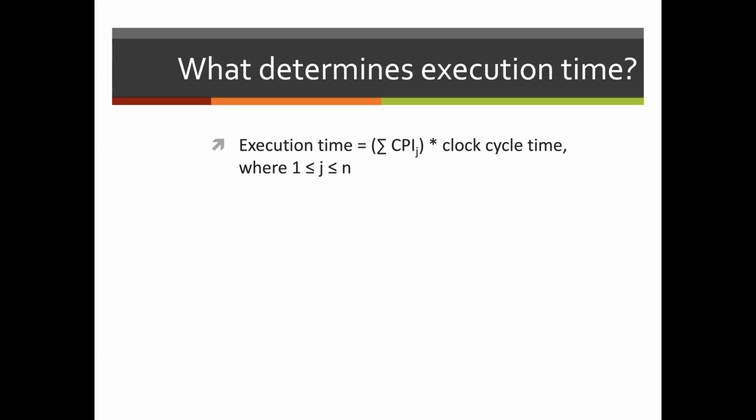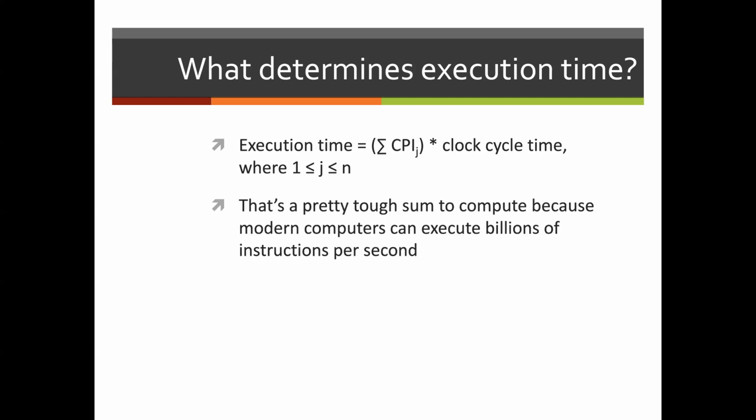When we think about the execution time, we're considering the sum of the clocks per instruction times the clock cycle time, where j is greater than or equal to 1 and less than or equal to n. So we sum up all of the instructions that would be executing and multiply it by the clock cycle time.